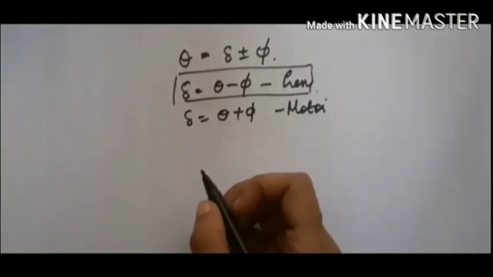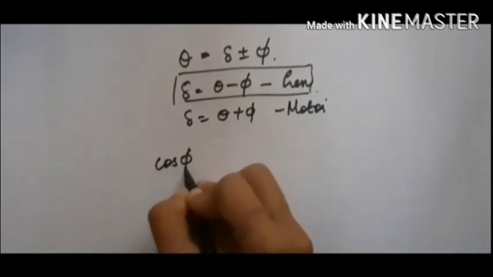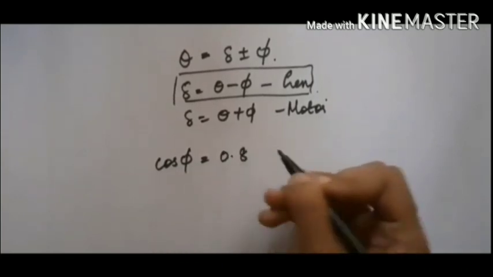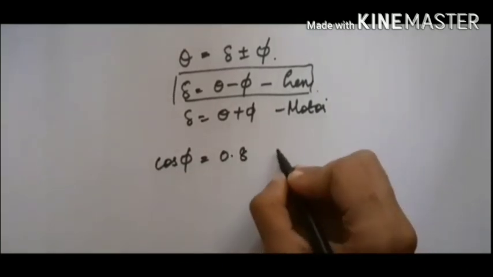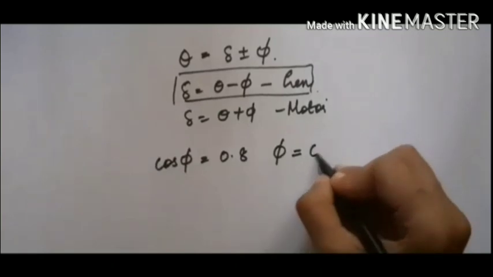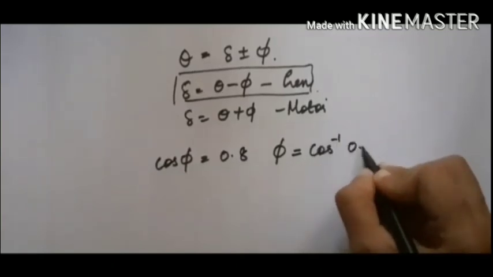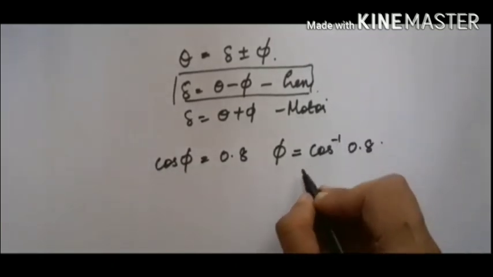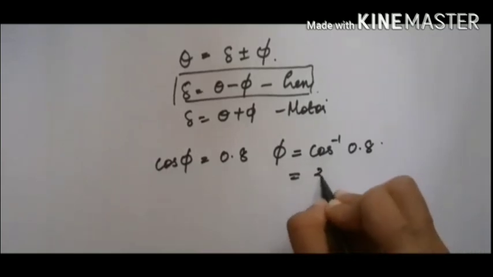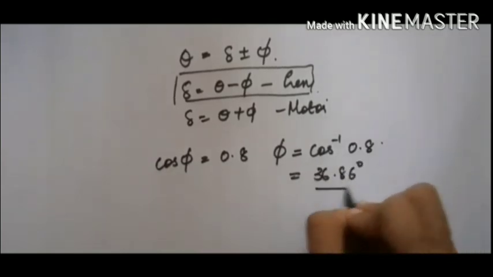First of all, we have cos phi equal to 0.8, as given in the question, from which phi is equal to cos inverse of 0.8, which is found to be 36.86 degrees.